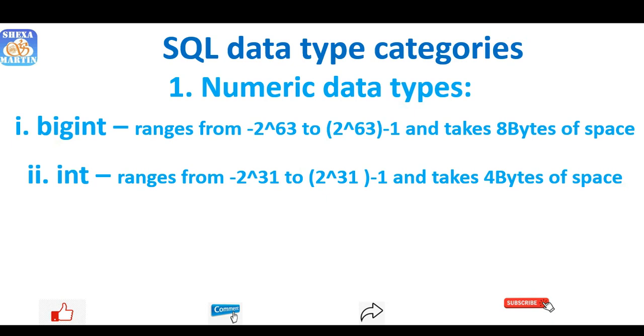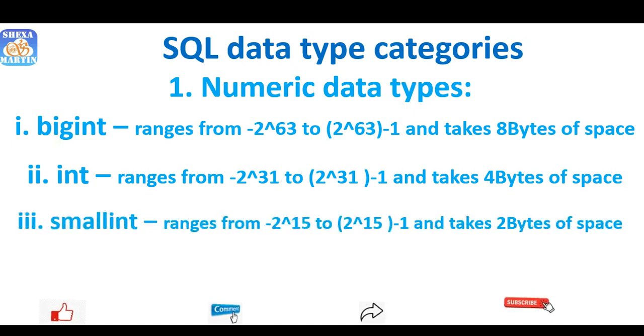And then let's talk about another type, which is small int. Right. So small int, you can see from this, the size is being reduced, and the range is also being reduced.